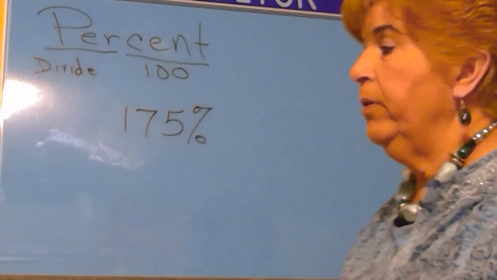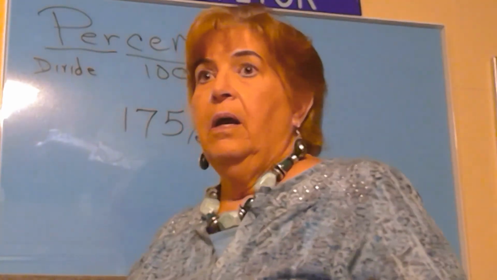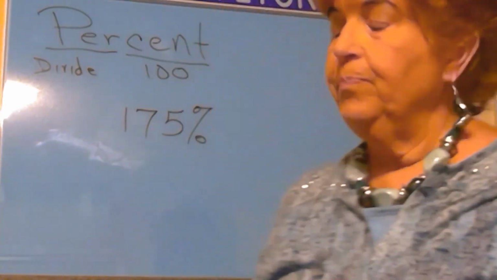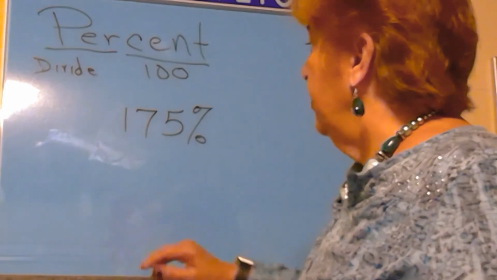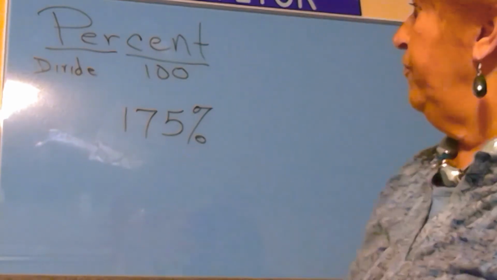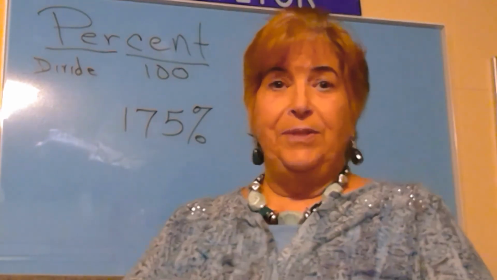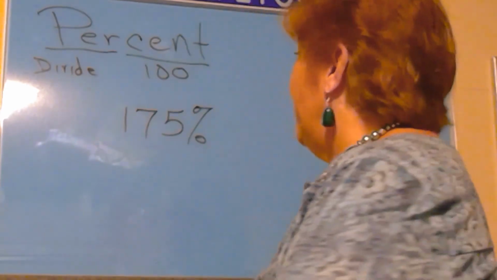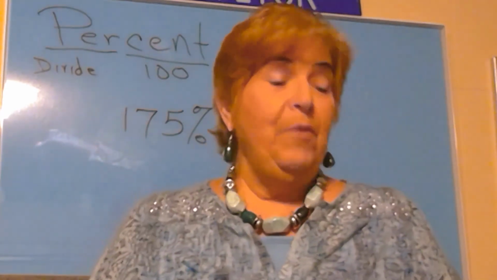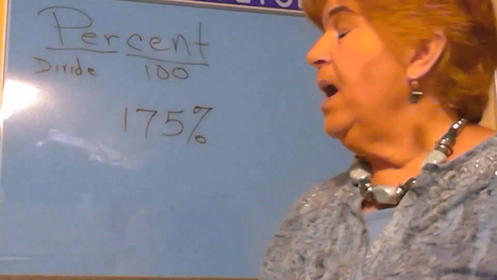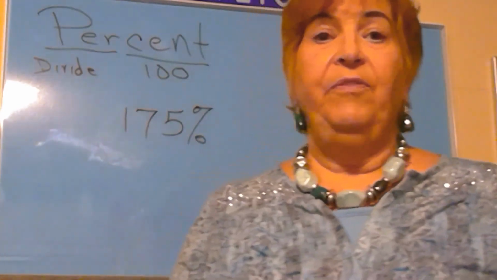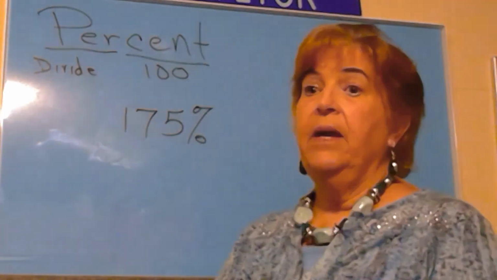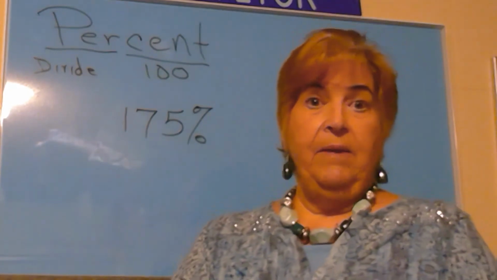In order to have more than 100%, we've got extras in the classroom. However, if I was told that my pay was going to increase by 175%, I would probably be ecstatic, because if it increased 100%, that would be double my pay.